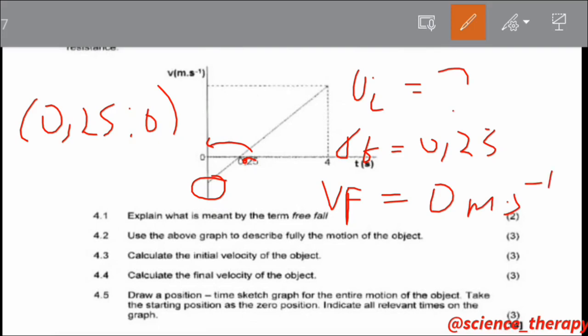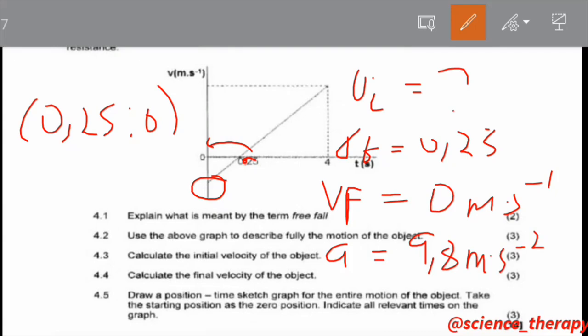Then now we have VI as the unknown, t, VF, and what can we put as our a? Now, seeing that our graph has downward as positive, we can just as well run with that. So if we take downward as positive, our acceleration will be positive 9.8 meters per second squared, right? Now we have all that information.